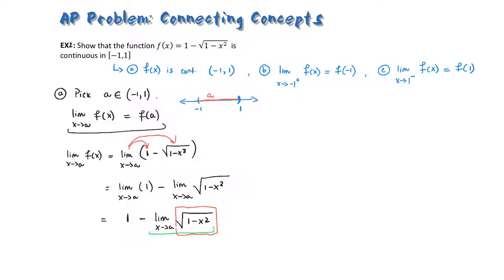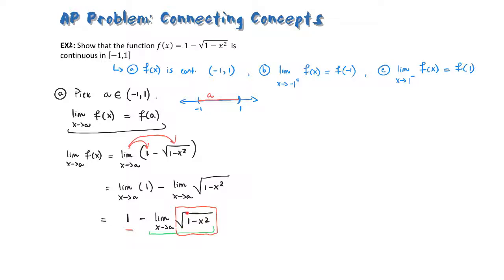The limit of 1 was super easy, right? The limit as x goes to a of 1 is just 1. It is this limit right here that I'm going to have to analyze a little bit more carefully. Because it is a composite function and the inner function is quadratic, I know that the inner function is continuous everywhere. But the radical function is not continuous everywhere.